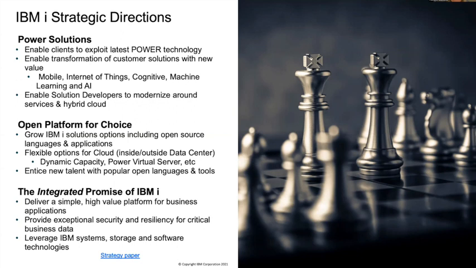I mentioned ISV applications, but on top of that, we have the applications that exploit the latest Power technology that Dan talked about. We want to make sure that customer solutions built by you, by RPG programmers, by our solution providers, are all able to use the latest in technology.